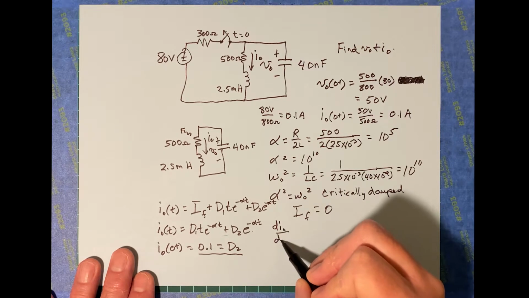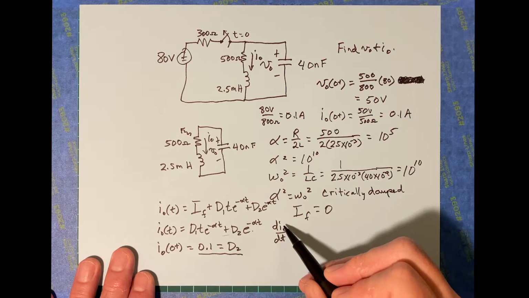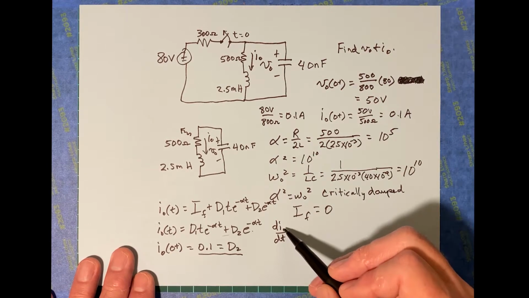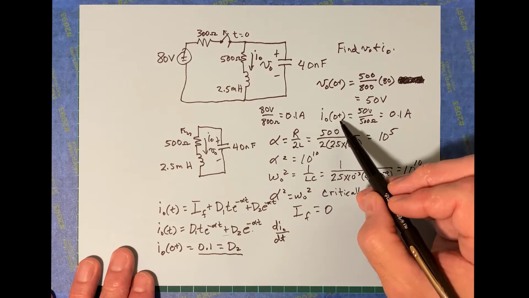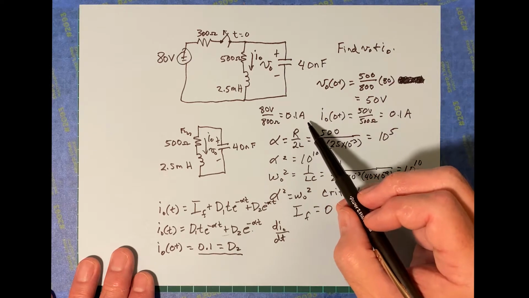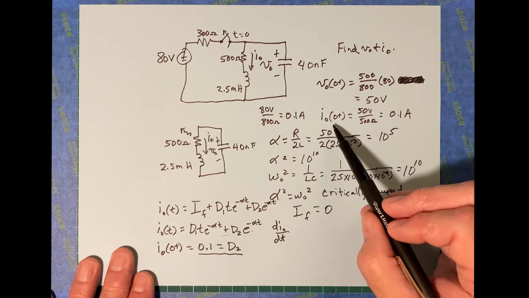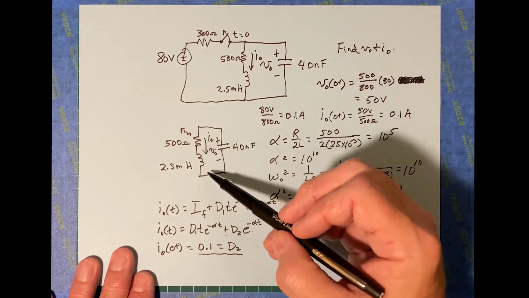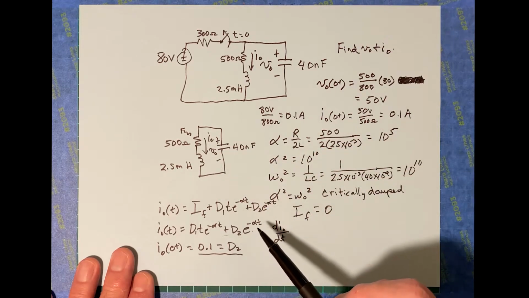You can think of it this way. We're going to have to use the derivative to get the other coefficient. Since we have i at 0 plus equal to that, i at 0 minus would have also been equal to that, because you cannot have an instantaneous change in current for the inductor, and there's only one current here after t equals 0.